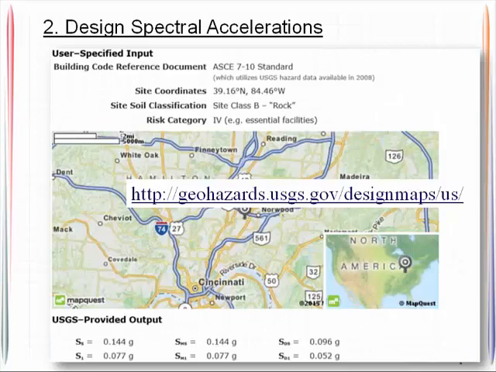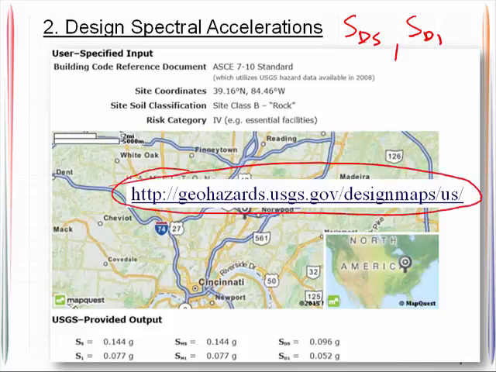Step number 2, we need to identify the design accelerations. That is S_DS and S_D1. To do this, we are going to use a design tool provided to us by the USGS, and we go to this particular website.